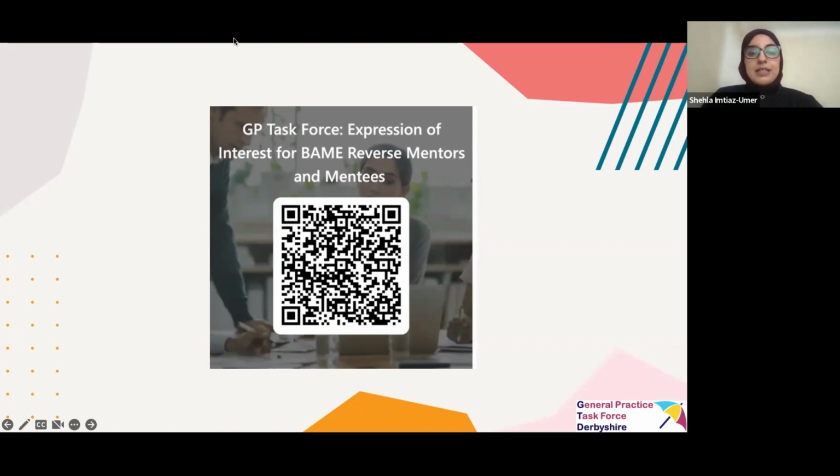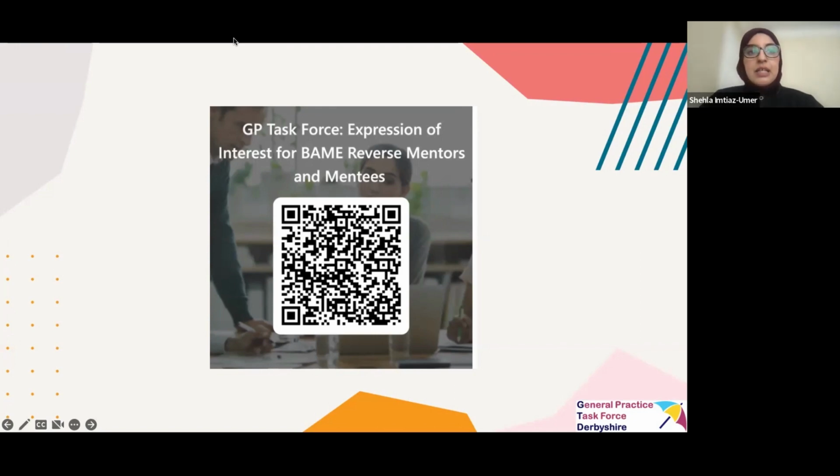By having that insight and two-way working relationship, we're hoping this intervention will show positive outcomes. If you're not already signed up, I would strongly recommend that you do. If you know of any senior leaders or junior colleagues who could benefit, feel free to share the resource, particularly the QR codes and links, to help colleagues who are facing barriers to career progression in general practice.